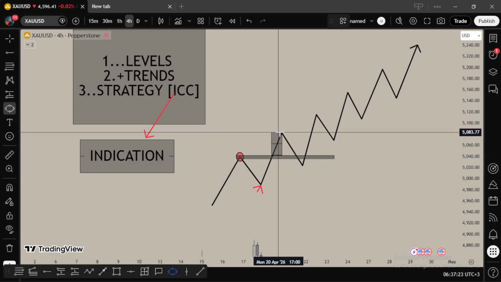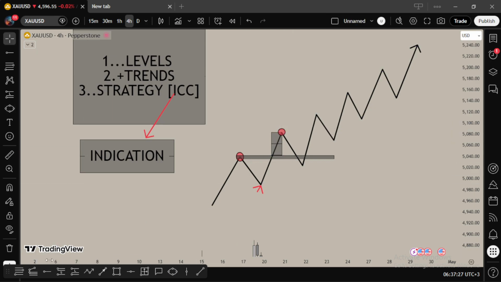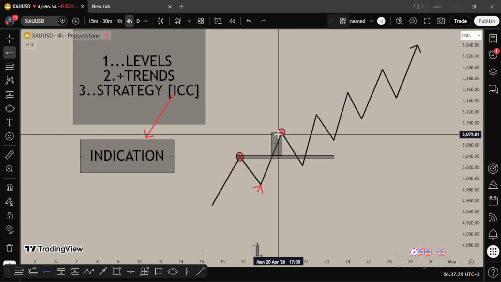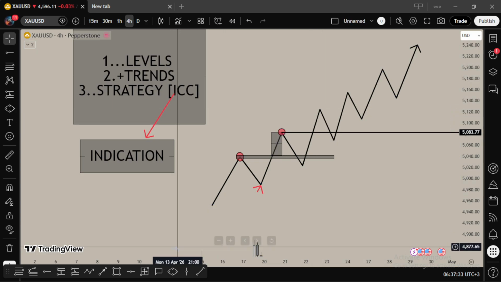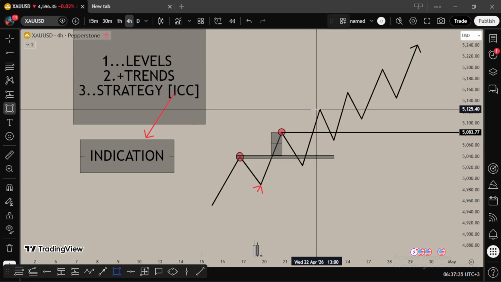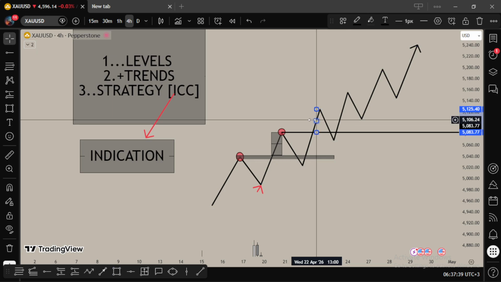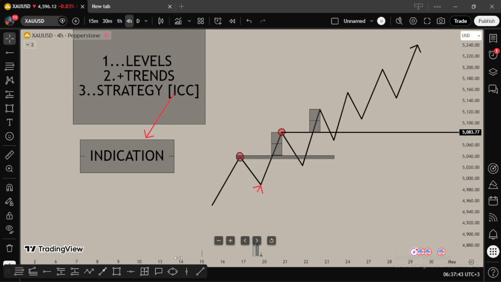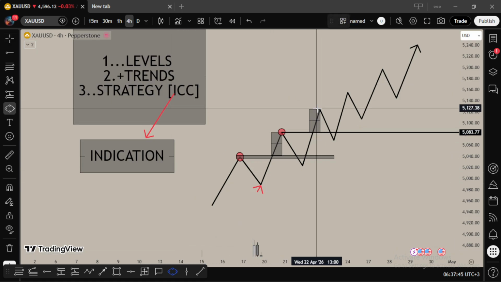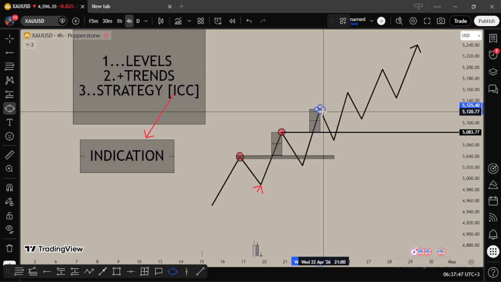Let us mark the second level of sellers. We want to see price movement into and above that level. So this is the indication. This is another level. We are having sellers around here.